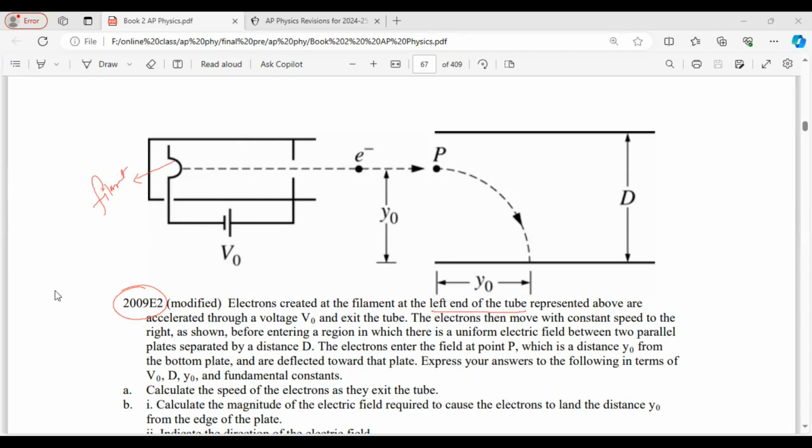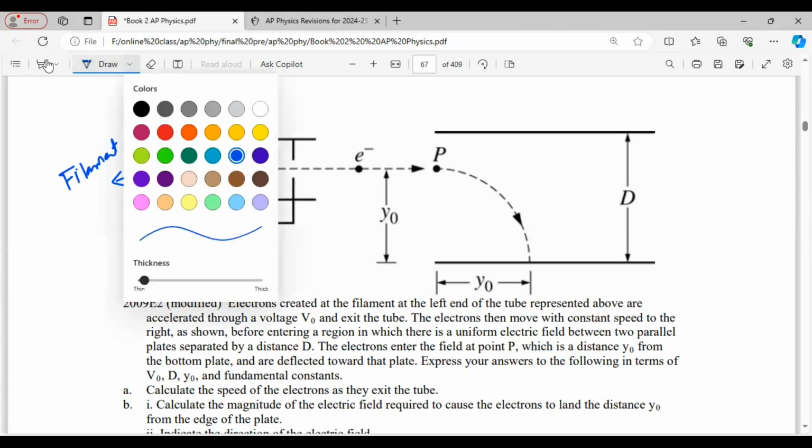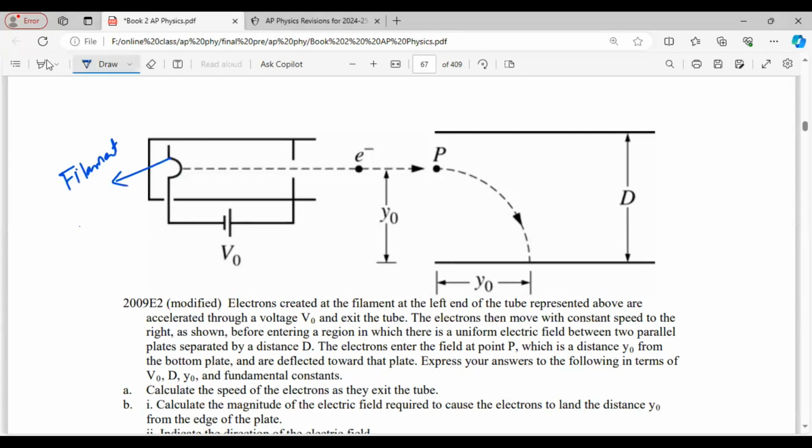So this is the filament. Electrons created at the filament at the left end of a tube represented above are accelerated through a voltage V0.